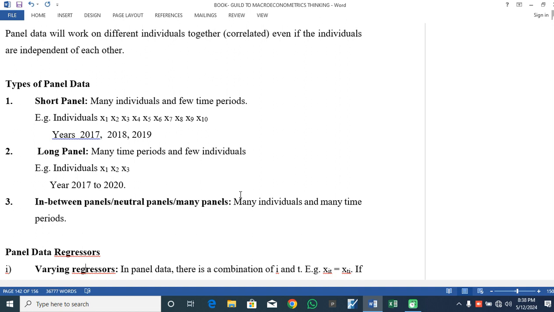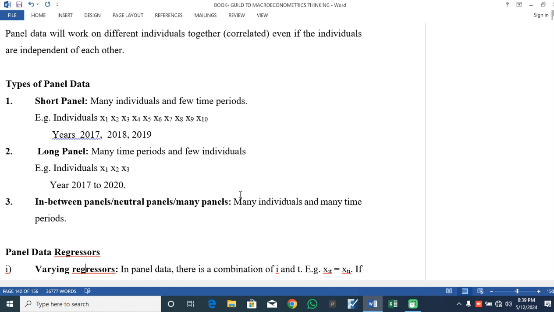In the short panel, we have many individuals and few time periods. For instance, individuals X1 to X10 within years 2017 to 2019 is a short panel because we have many variables, but we have few years.